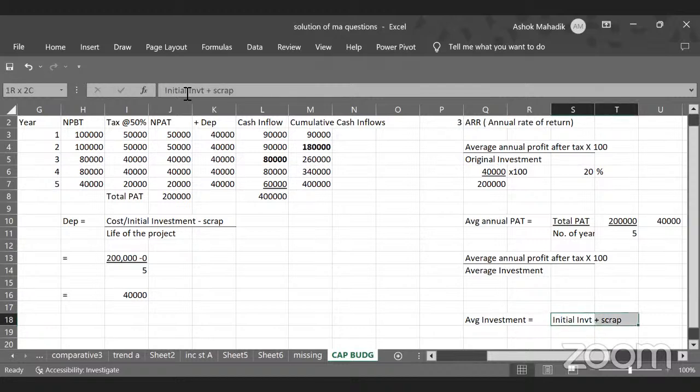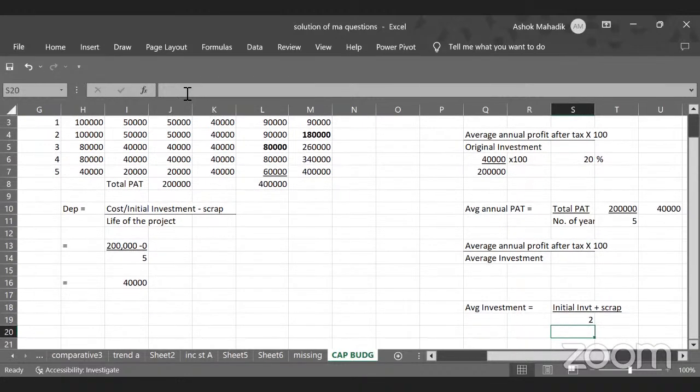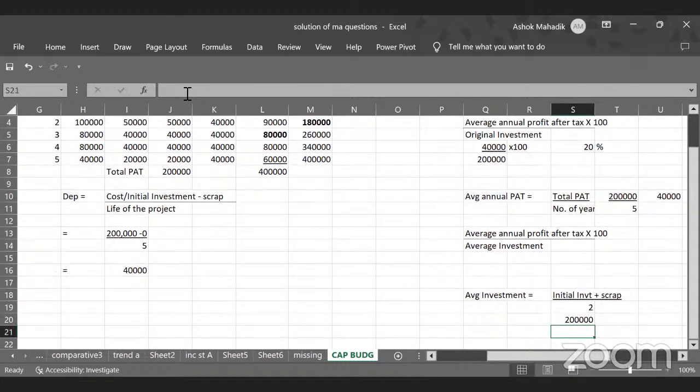Okay, this will be easier for you to remember. Okay, friends. So here initial investment is 2 lakh rupees, plus that is not there, upon 2. So your answer is 1 lakh rupees.